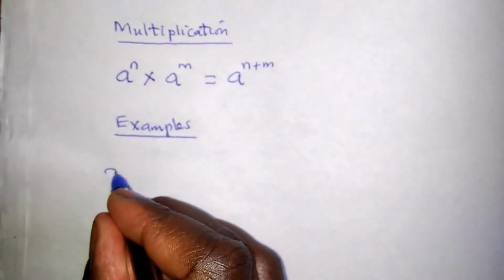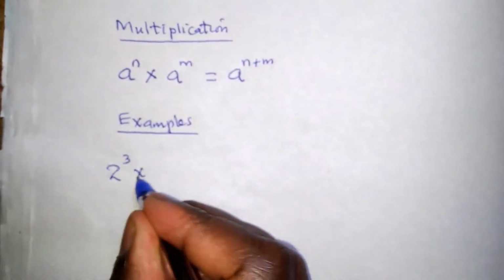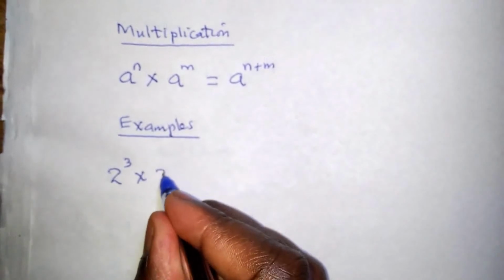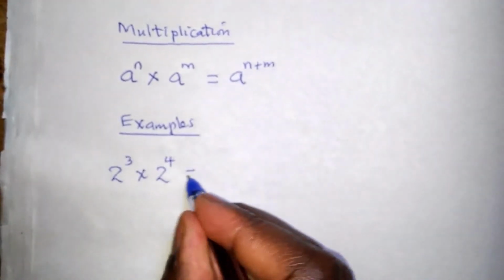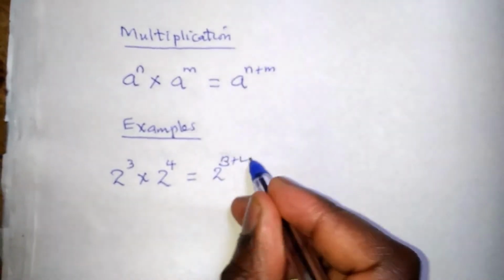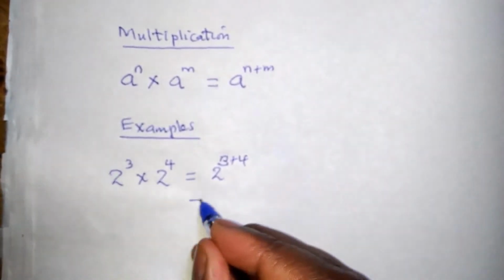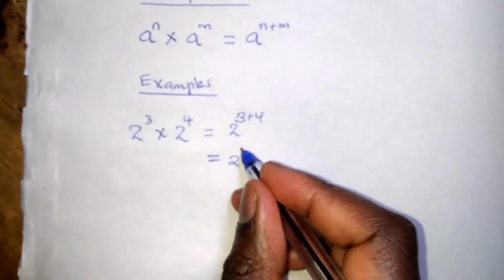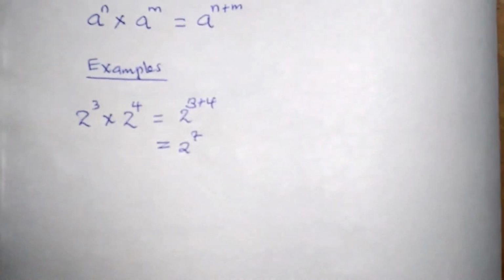Let's take 2 raised to 3, we multiply by 2 raised to 4. Our answer will be 2 raised to 3 plus 4, which is the same as 2 raised to 7.